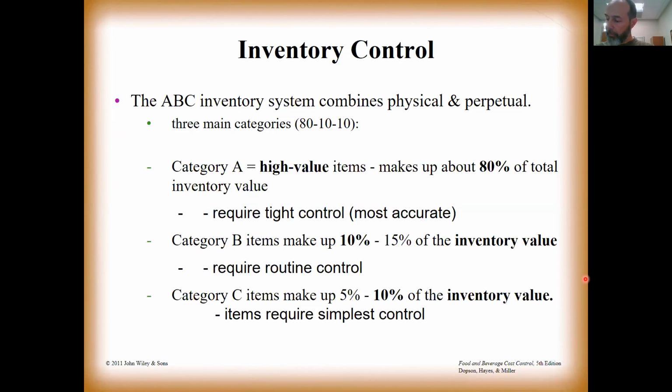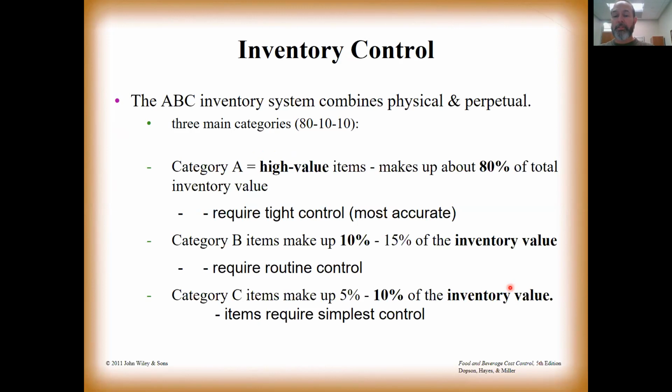So, for example, we're going to break it into basically 3 categories. Category A is going to be the high value. It makes up about 80% of the total inventory value, not the number of items, the value of it. Then the next category, 10 to 15% of the inventory value, we're going to approach managing differently. It's going to be kind of routine.